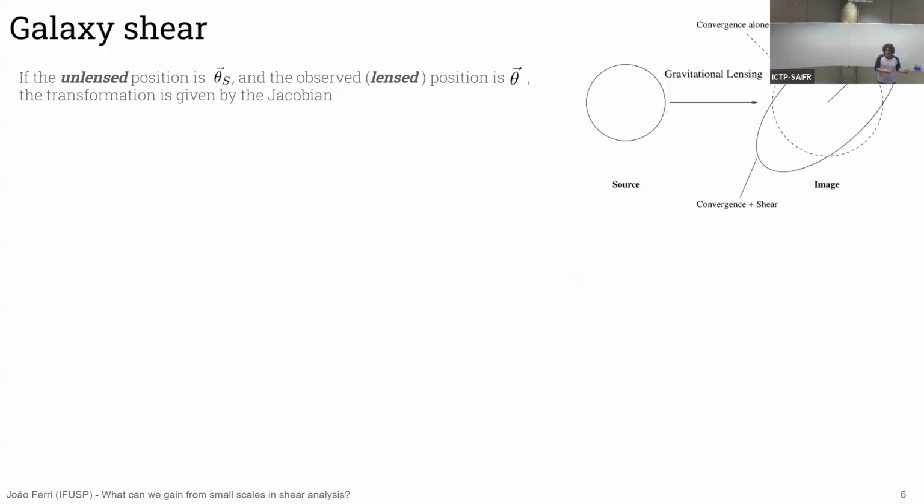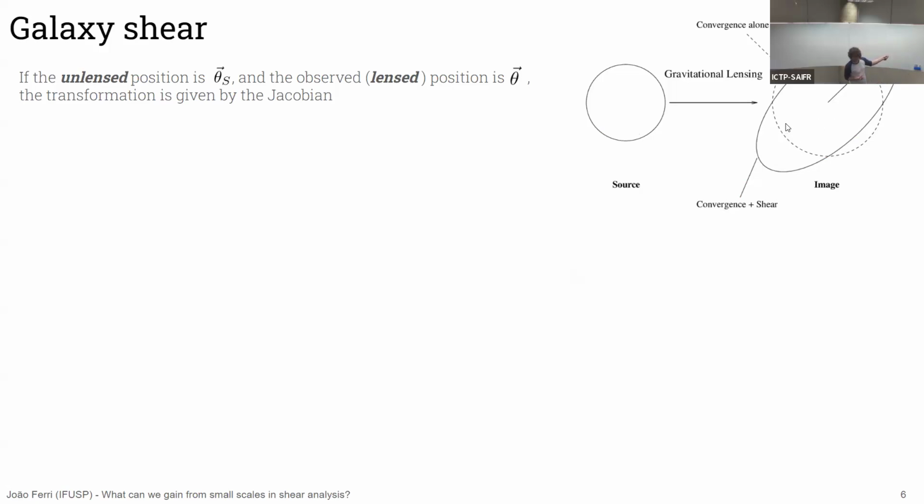Now let's try to use this framework in the context of galaxy shear. So this is the most heavy part, but stay with me. So galaxy shear is basically the distortion of the image of a galaxy due to the gravitational potential along the line of sight. So basically you have a source and its light travels to us and it's distorted.